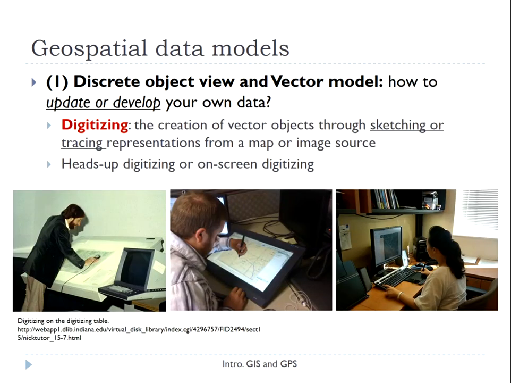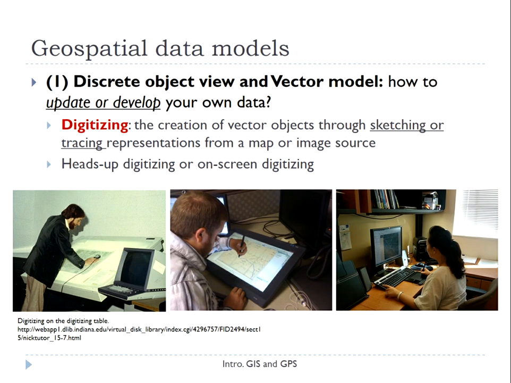How can you develop the vector model? Using a scanned map image or digital imagery such as an aerial photo or satellite imagery, you can sketch or trace the object. This process is called digitizing. For those who have done the lab on digitizing, you probably know how this works.